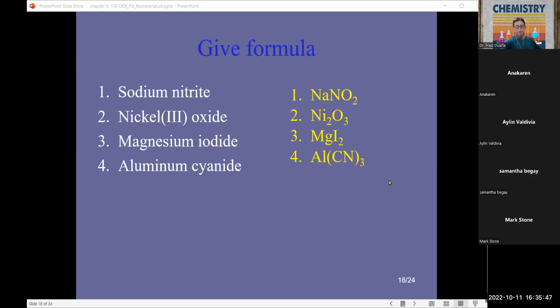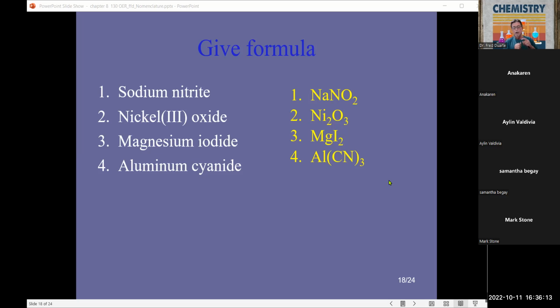Now, the takeaway with ionic compounds is this. If you're writing the formula, put them in ionic form first to make sure that you have the correct oxidation numbers, so that when you put them together, you use such numbers that the positives cancel out the negatives.